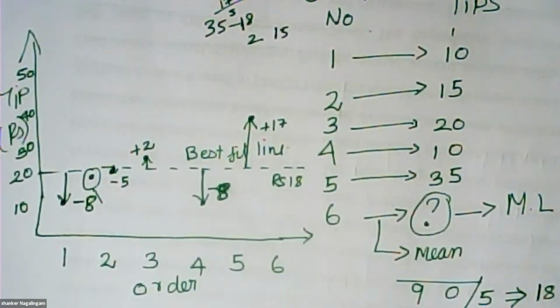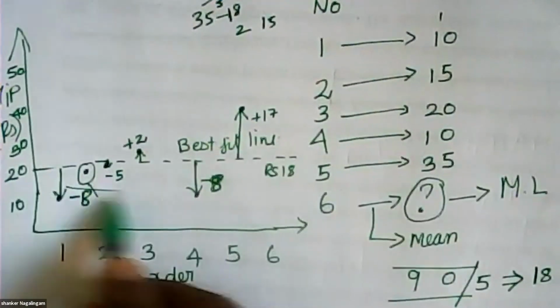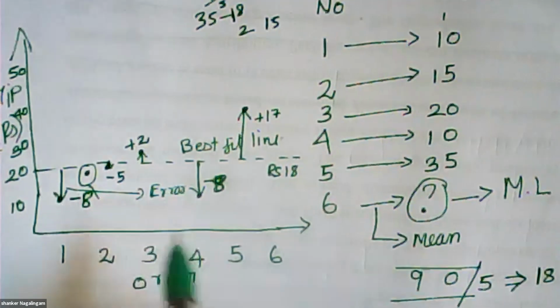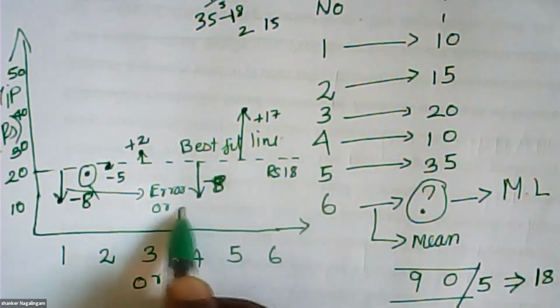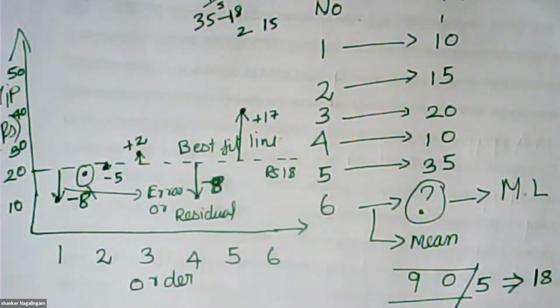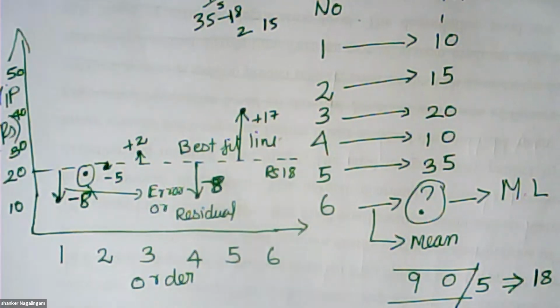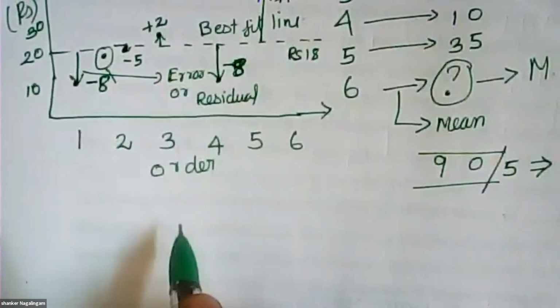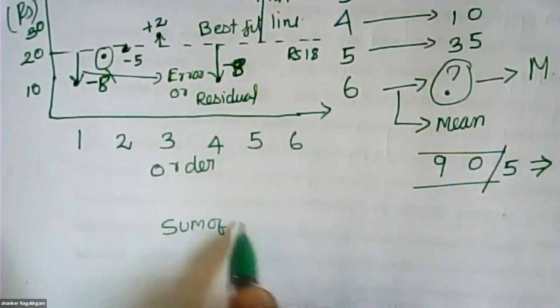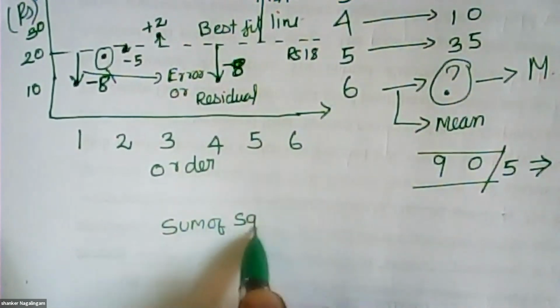So now, when I calculate the error, you call this the error, or you can call it the residual. Okay, it is called the residual. Now, you take the sum of the squares.